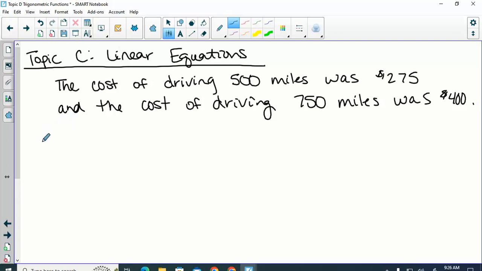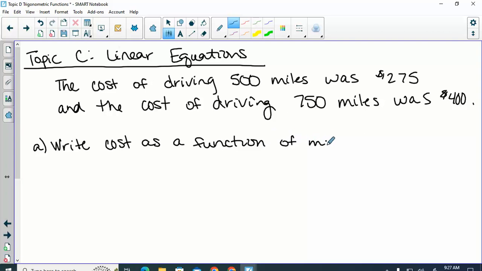Okay, so I could ask for these in different ways, but let's say I said to write the cost as a function of miles. Okay, that sentence right there tells me how to set up my equation.